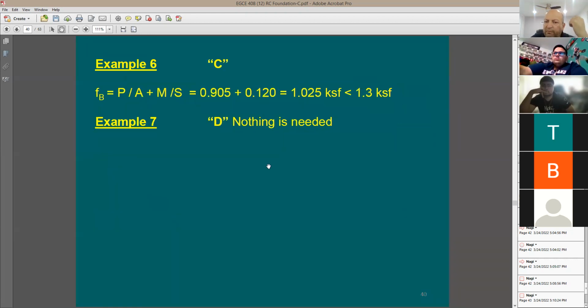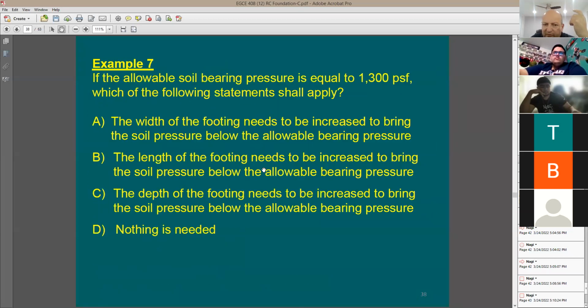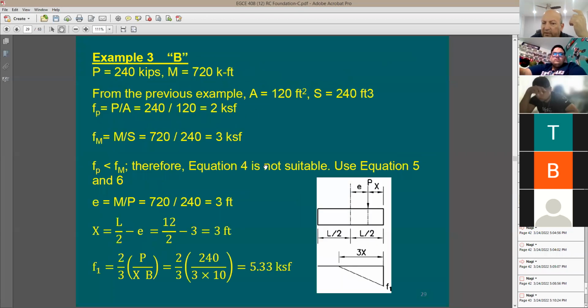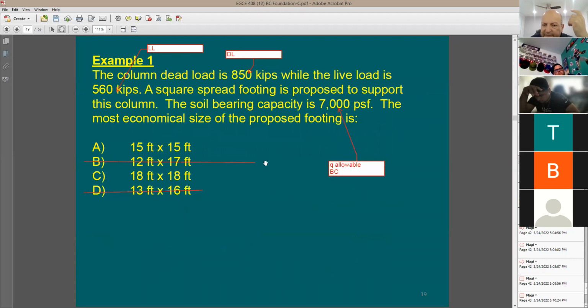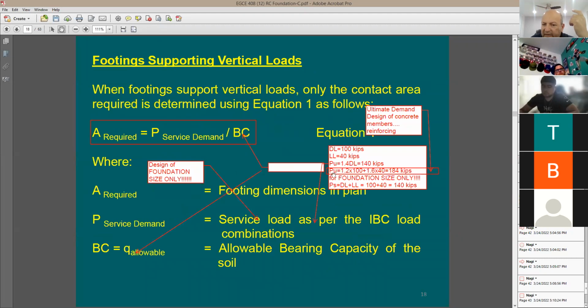P ultimate means 1.2 plus 1.6, or 1.4. I mean, the standard load combination that you have used in the past. So for the footing size, you design the soil, it's going to be service, just dead load plus live load. For reinforcing, you're going to be using load factors.